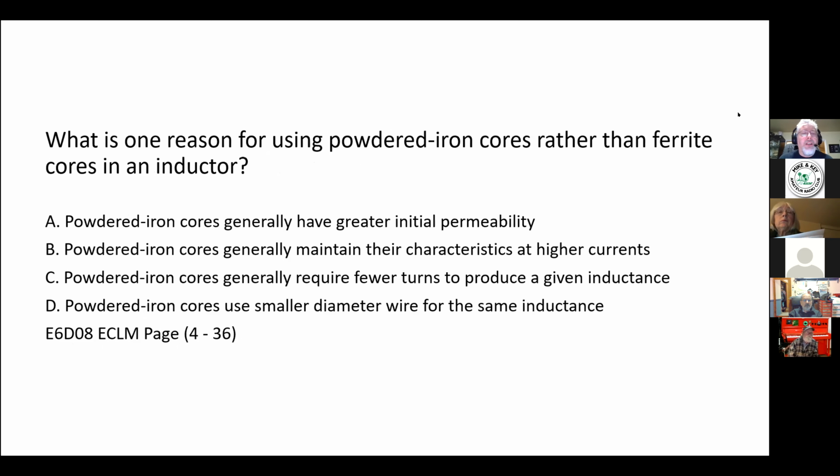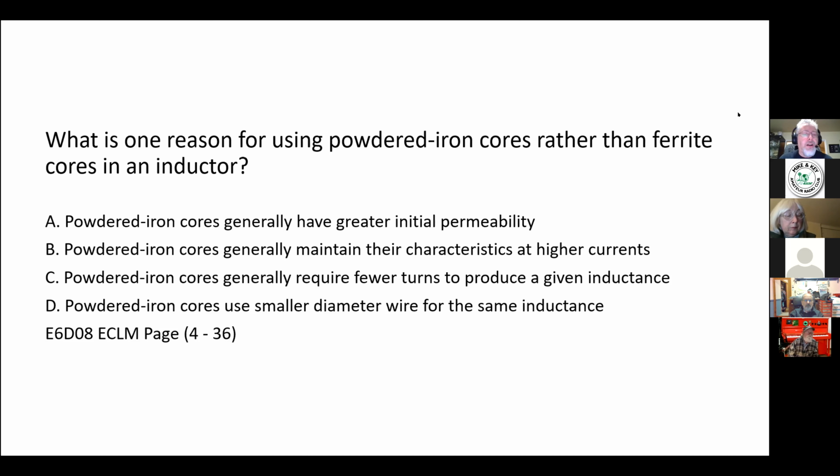What is one reason for using powdered iron cores rather than ferrite cores in an inductor? A, powdered iron cores generally have greater initial permeability. B, powdered iron cores generally maintain their characteristics at higher currents.